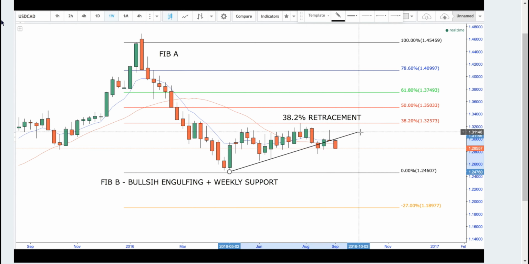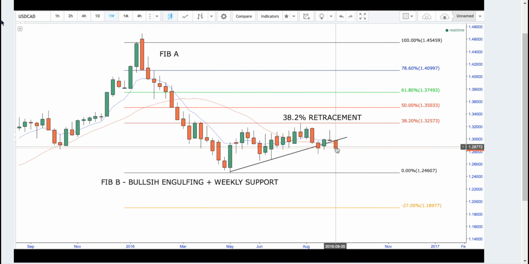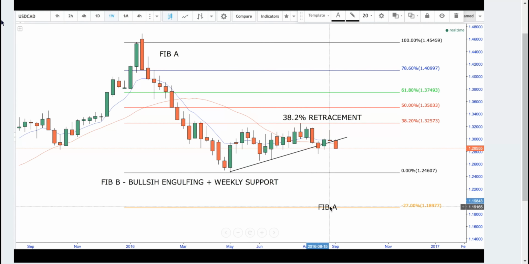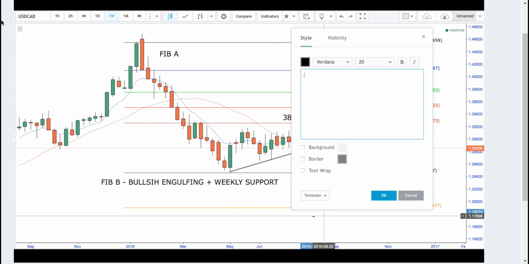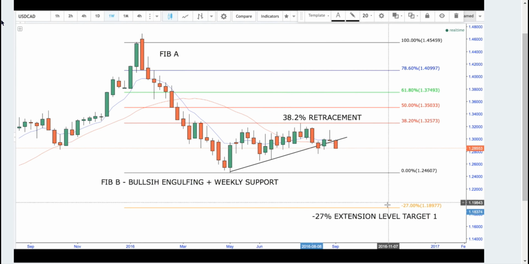Looks as if we can maybe sling a trend line break in there as well. Moving averages are getting ready to cross over on this pair. And then last but not least, that's our target one there.